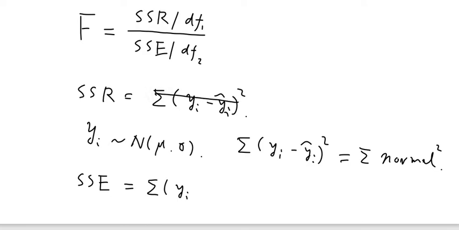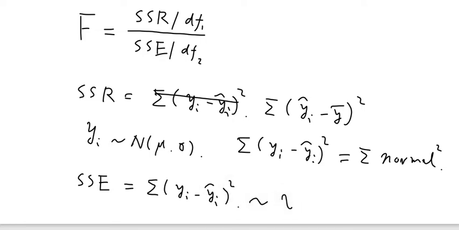This one we replace yi by yi hat minus y bar. Okay, so SSR. So almost the same story. We say those things are also just like a chi-square distribution.